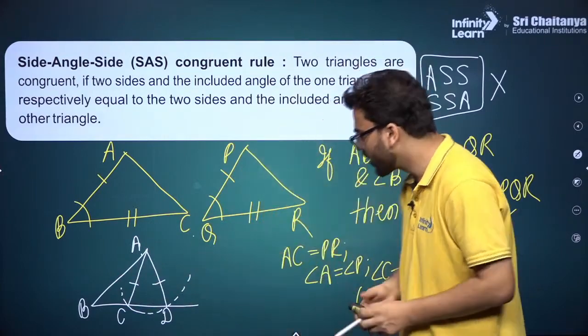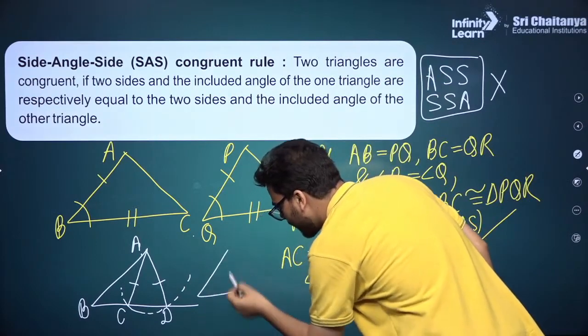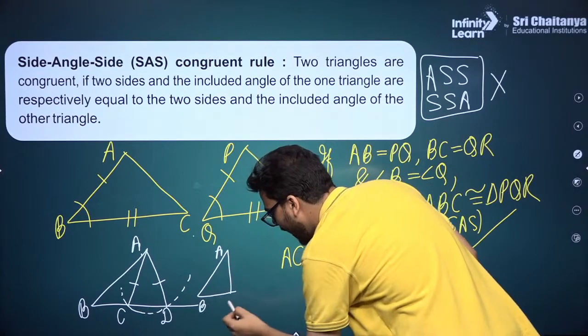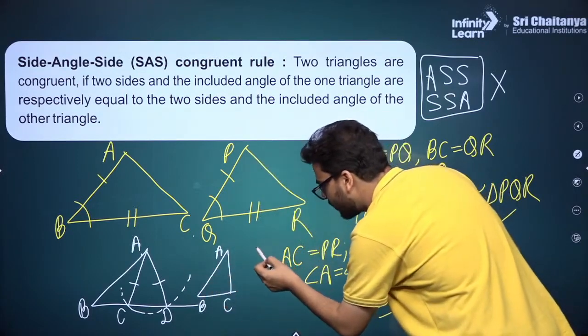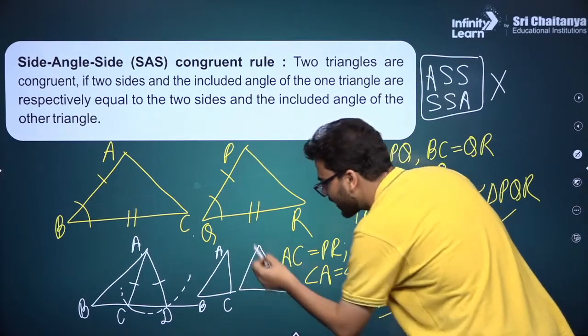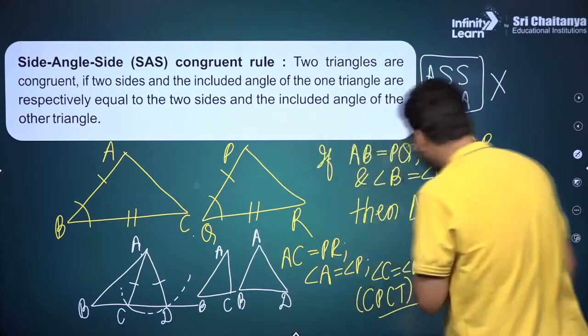So can I take two triangles from here? One triangle will be like this, that is ABC over here, and I can take another triangle, it is somewhat like this. Please don't go on the figure, that is not exact, it is just rough. So this is ABD over here. Do you agree with me, guys?